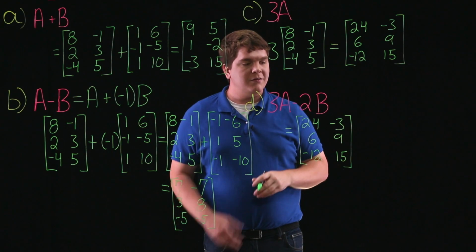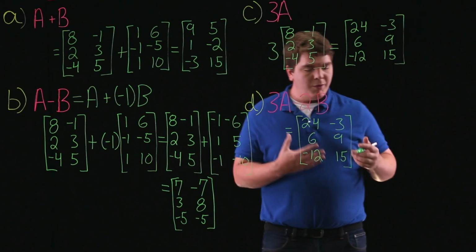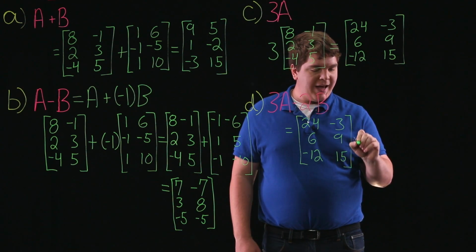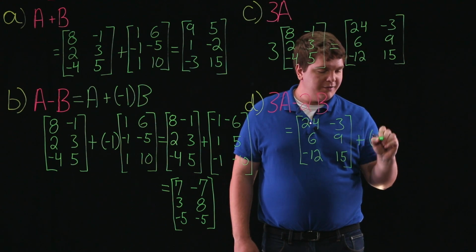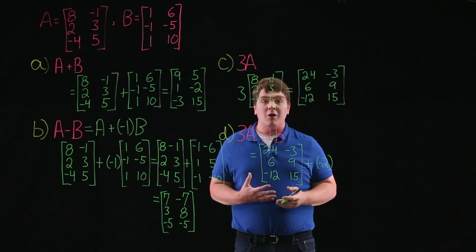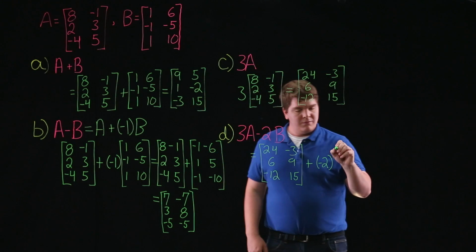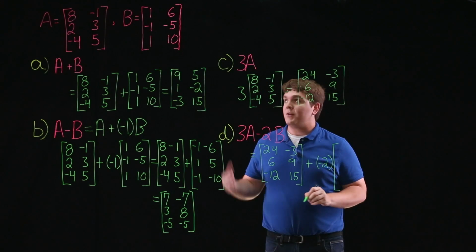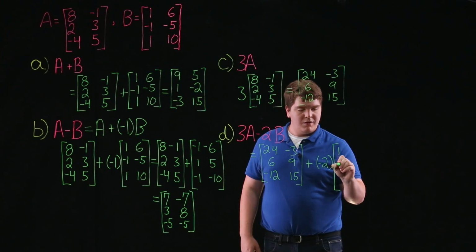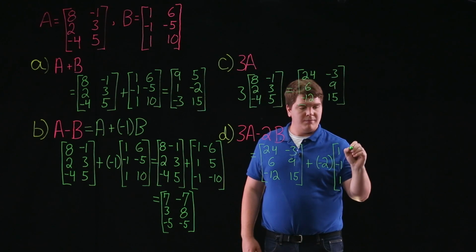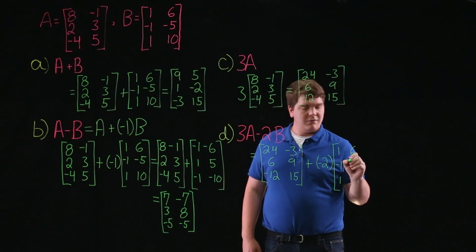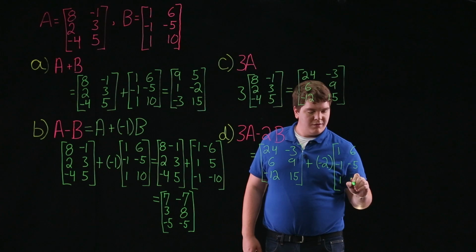And we want to subtract 2B, but remember, this is really the same thing as adding negative 2 times our matrix B, which is the matrix 1, negative 1, 1, 6, negative 5, 10.